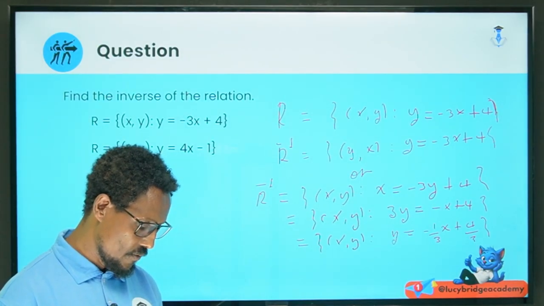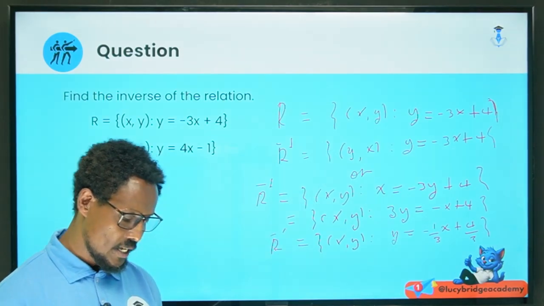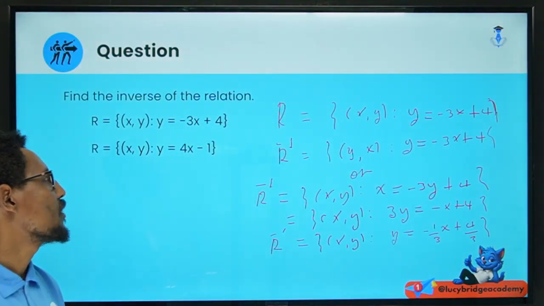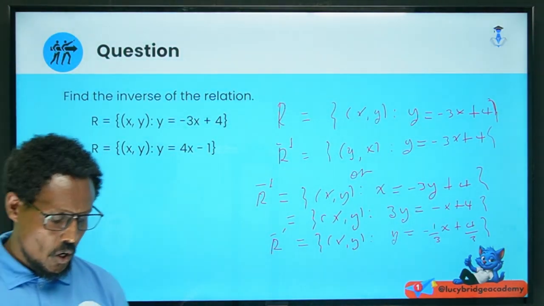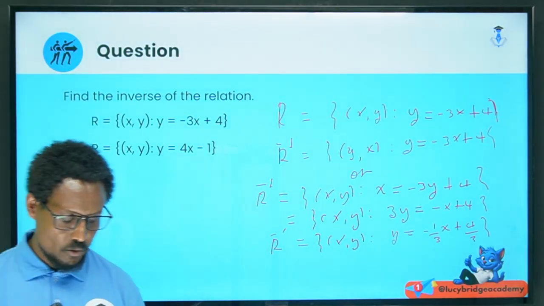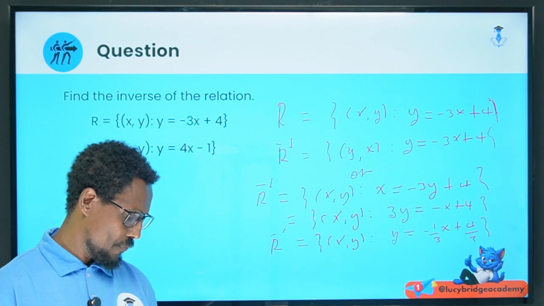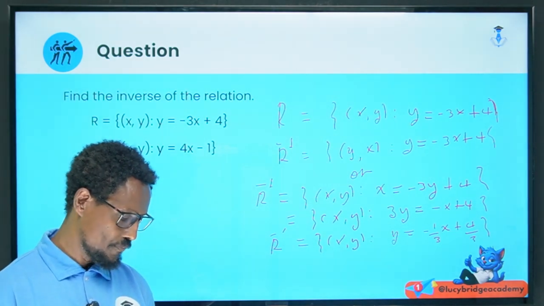So this is our inverse. The inverse of y is equal to minus 3x plus 4 will be minus 1 over 3 x plus 4 over 3. And the next one, y is equal to 4x minus 1.